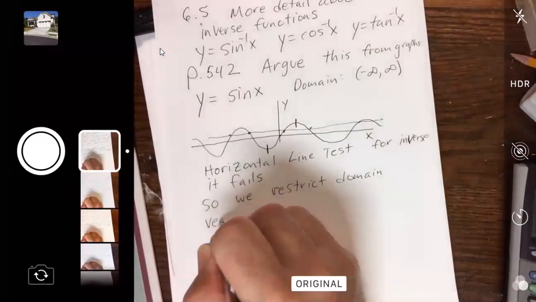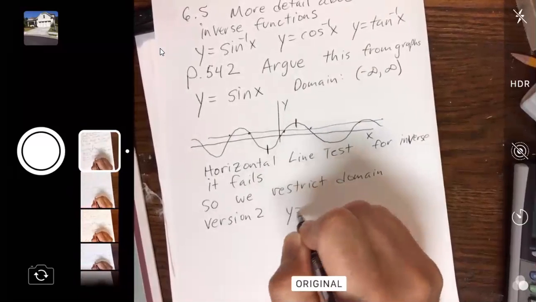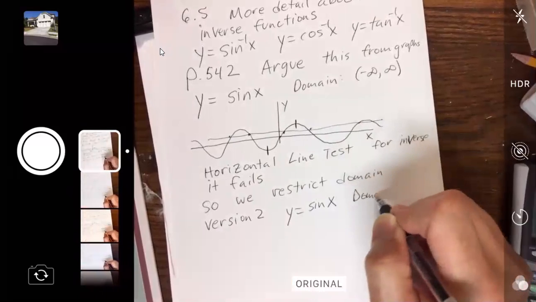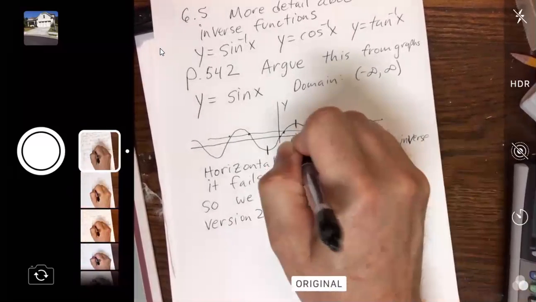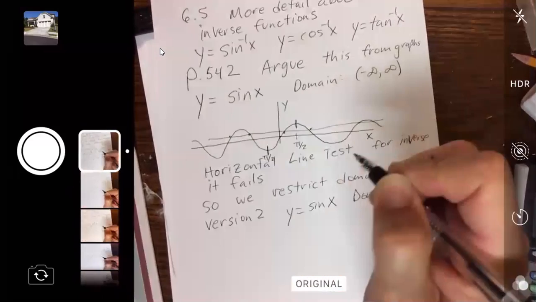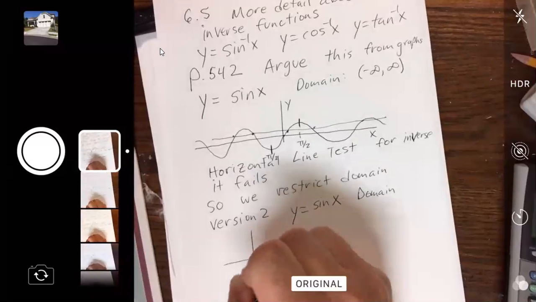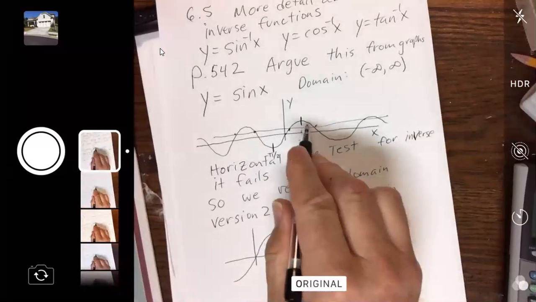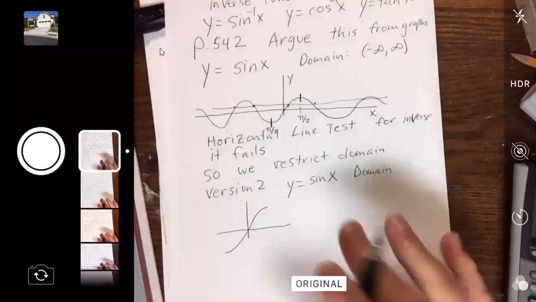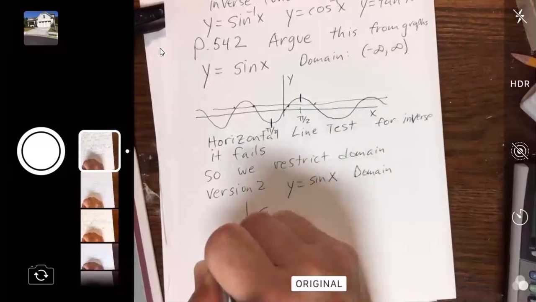So we get version 2: y equals sine of x, domain turns out to be negative pi over 2 to pi over 2. Regraph that, before it curls back on itself, thus failing. That's pi over 2, negative pi over 2.